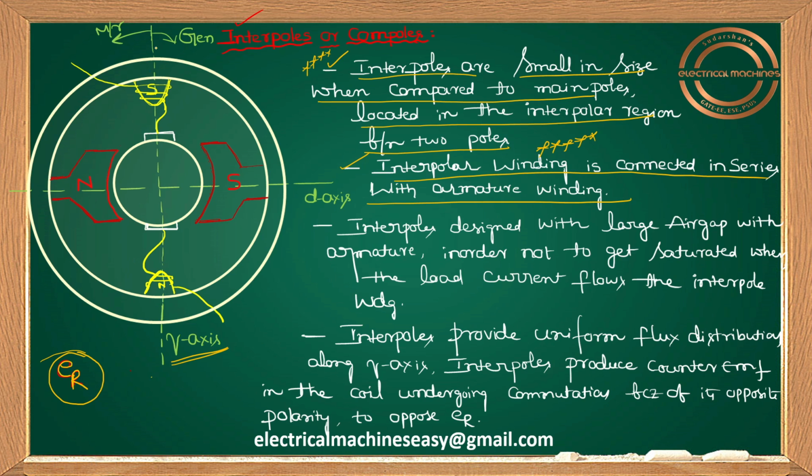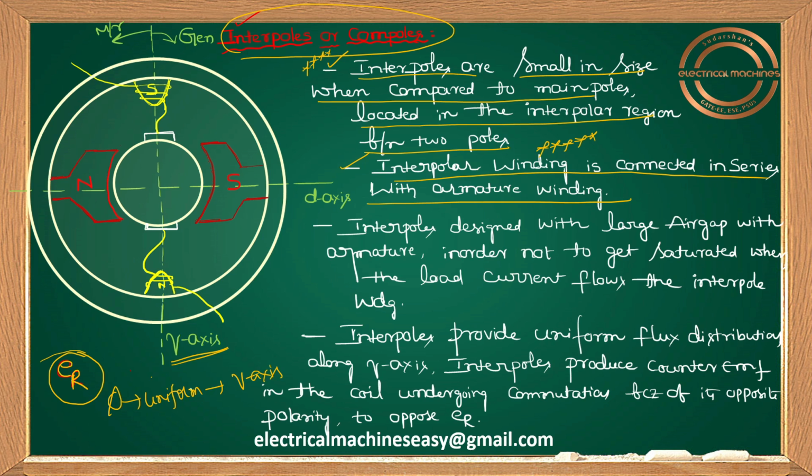If you want to provide uniform flux distribution along the q-axis, no doubt I need to use interpoles here. By using interpoles or compoles, I can provide uniform flux distribution along the q-axis.